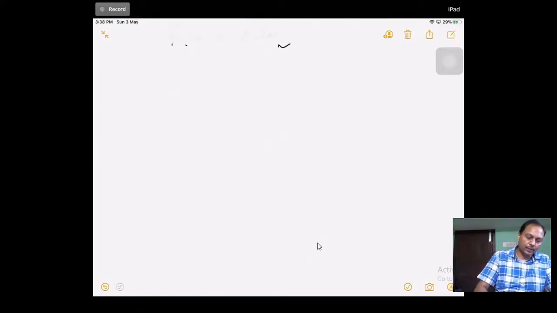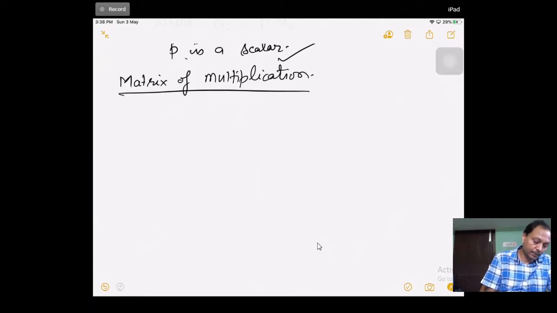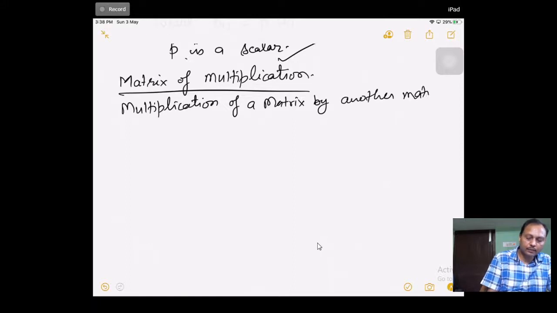Now the next topic is multiplication of a matrix by a matrix, or we can say multiplication of a matrix by another matrix.